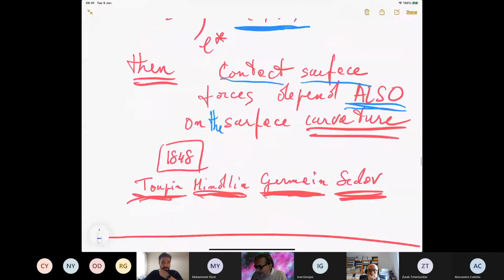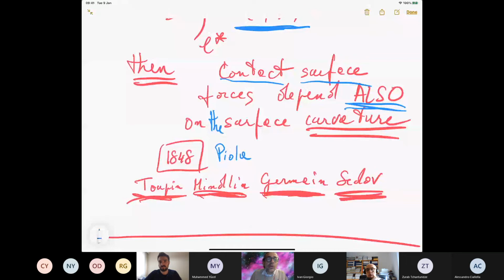And what is astonishing, and you should think about this, is that this was already known, written in a book written by Piola in 1848.